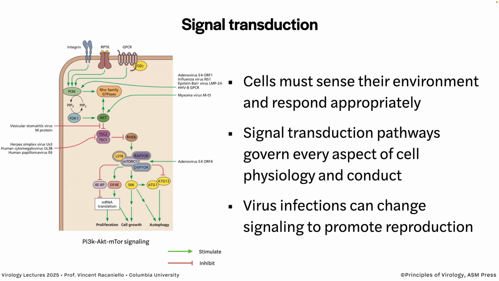In general, when we have these pictures up, the green arrows mean a plus, stimulatory influence, and red is inhibition, as you can see in this key here. So binding of ligands to many cell surface receptors leads to activation of PI3 kinase and GTPases, and AKT is a central player here.